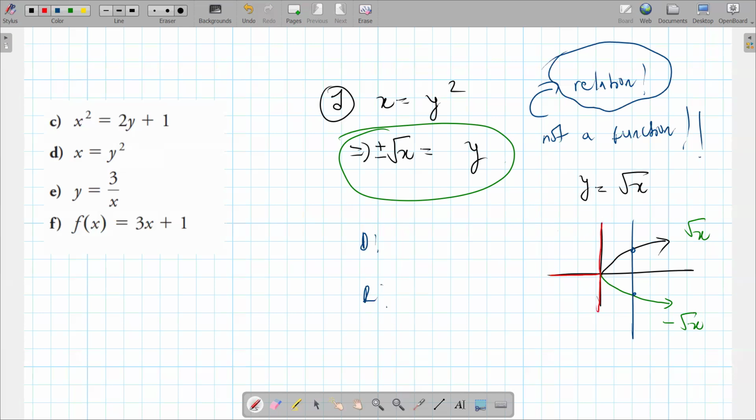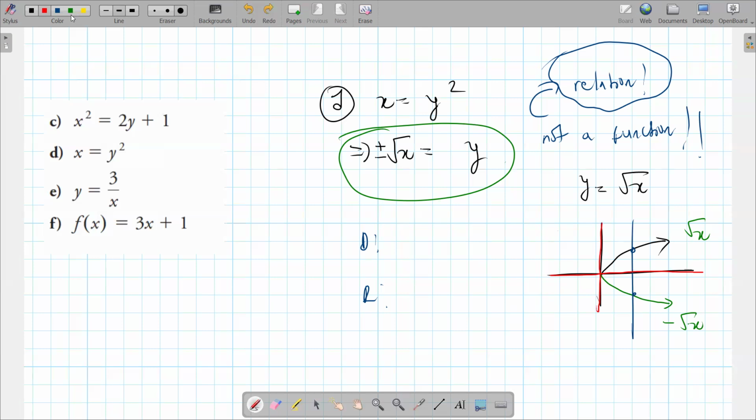This is the origin right here. What is the domain and range of y? Can it be negative? Look at the x values. Can it ever take a negative value? No, it cannot be.